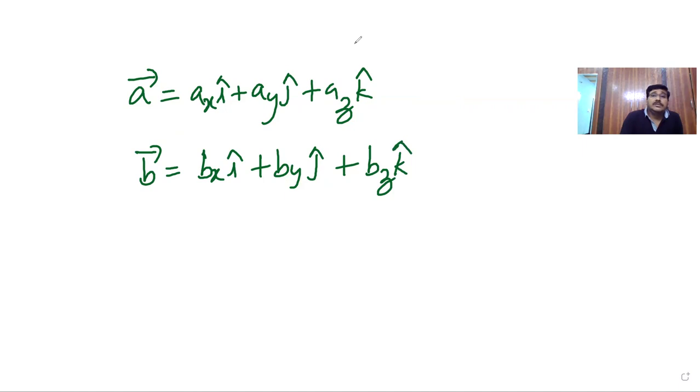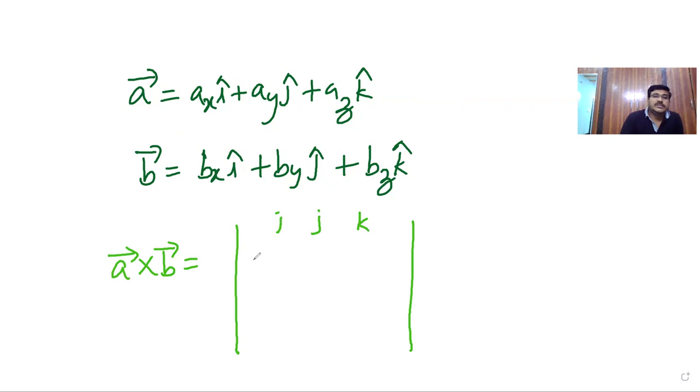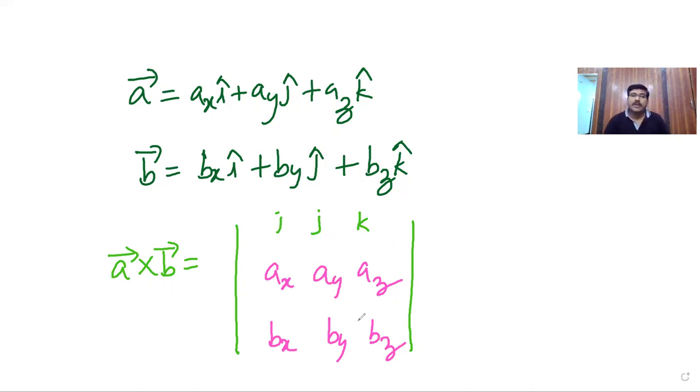And remember always, the cross product A bar cross B bar is given in matrix form, as the determinant of I, J, K, and the coefficients. You should write these coefficients AX, AY, AZ, and this is BX, BY, BZ, determinant. You know in the matrix how to calculate the determinant.